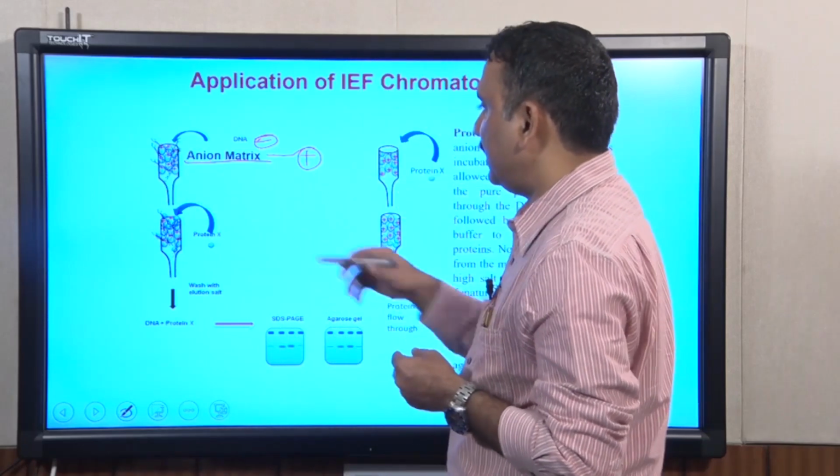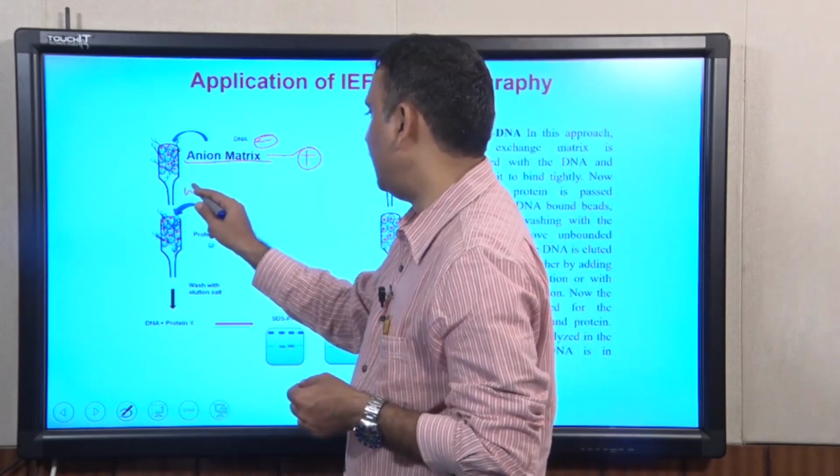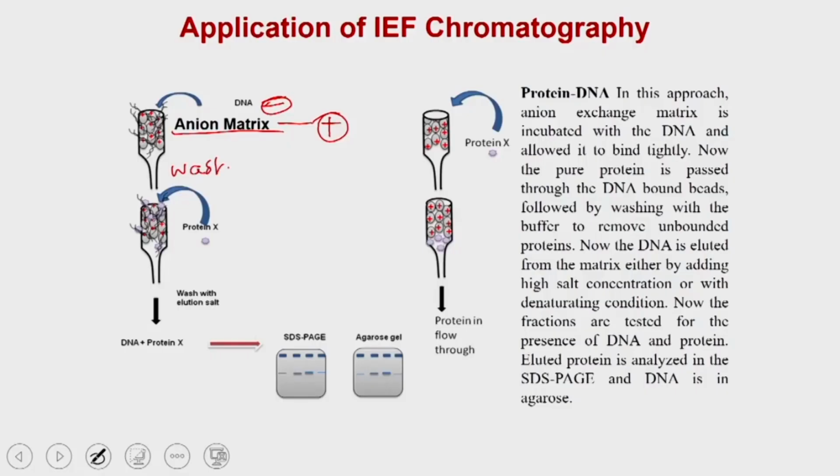Now, in the second step, you wash the beads, so that whatever DNA is non-specifically binding to the matrix beads is removed. And then you flow the protein onto this column.